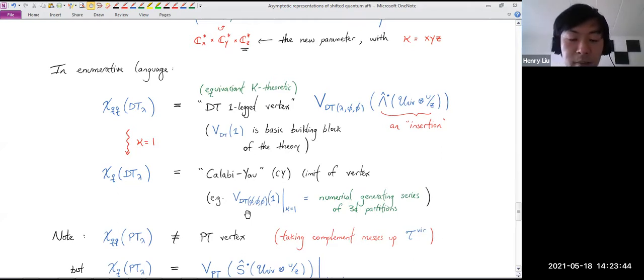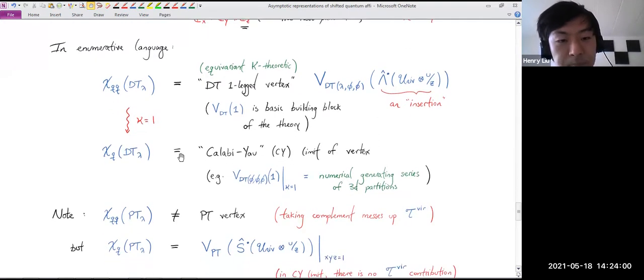So you get something like 1 plus 3 times q plus, I forget what the next number is, 6, I think, times q squared. Yeah, it really just becomes numerical. It's a very combinatorial object. That said, in the end, I think it's still very important to study the full QQ character. That's what we'll try to do later.